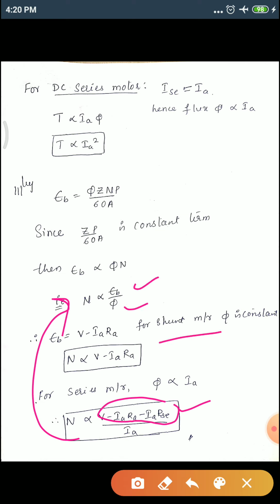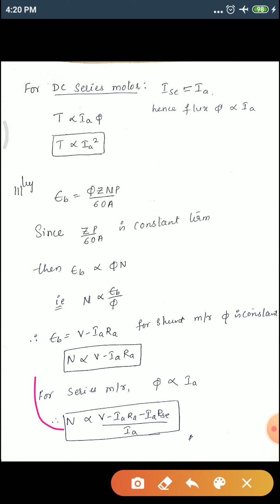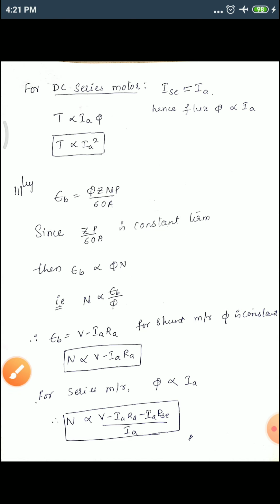In a series motor phi is not constant, phi is proportional to Ia, therefore you have to write the EB formula divided by Ia. These are all the formulas you are supposed to remember, and they are very useful for your DC motor characteristics.